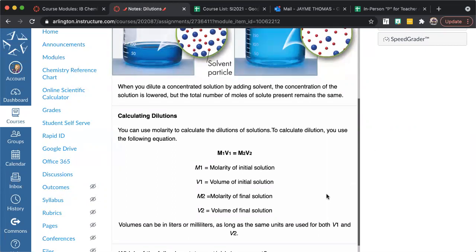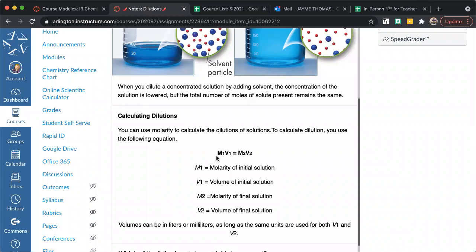You can type in the chat, or if anybody wants to unmute and they think they know it. So what are we doing here? We're multiplying. So what's the opposite of multiplication? Division. Somebody here said division. So if I want M1 by itself, what am I going to have to do to V1? Yeah, I'm going to have to divide by V1.